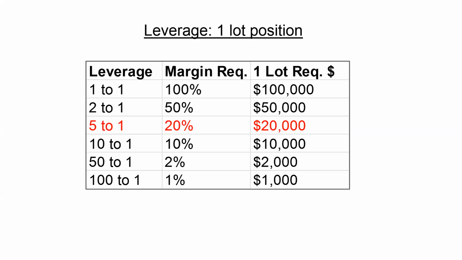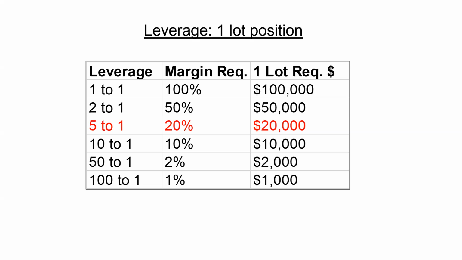Leverage of 5 to 1, that comes back to the example from the real estate, is 20% margin. So with 5 to 1 leverage, you're putting down 20% of your 100,000 investment, £20,000 or dollars. 10 to 1, 10%, 10,000. 50 to 1 leverage, 2% margin required, you're putting down 2,000 to control a position size, don't forget, of 100,000. 100 to 1, you're only putting down 1%, i.e. £1,000 or dollars, to control that same $100,000 position.